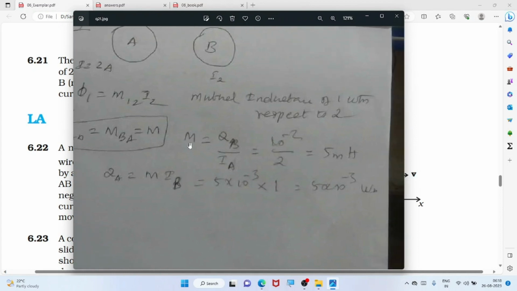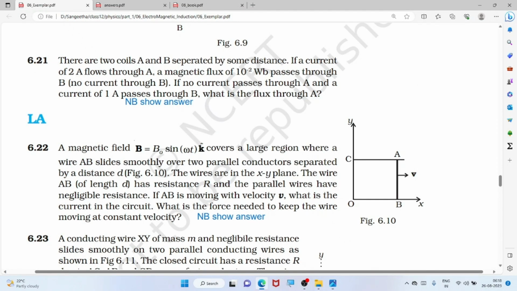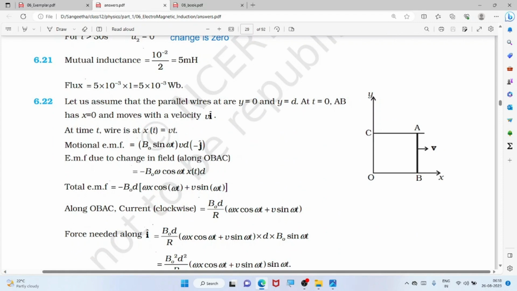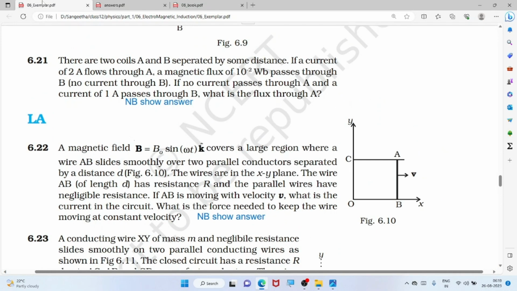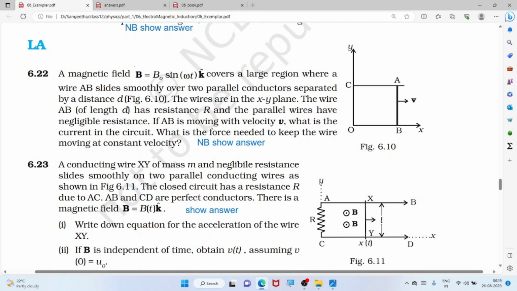Mutual inductance we found out, then mutual inductance times the current is equal to the magnetic flux. Here the magnetic flux is given.